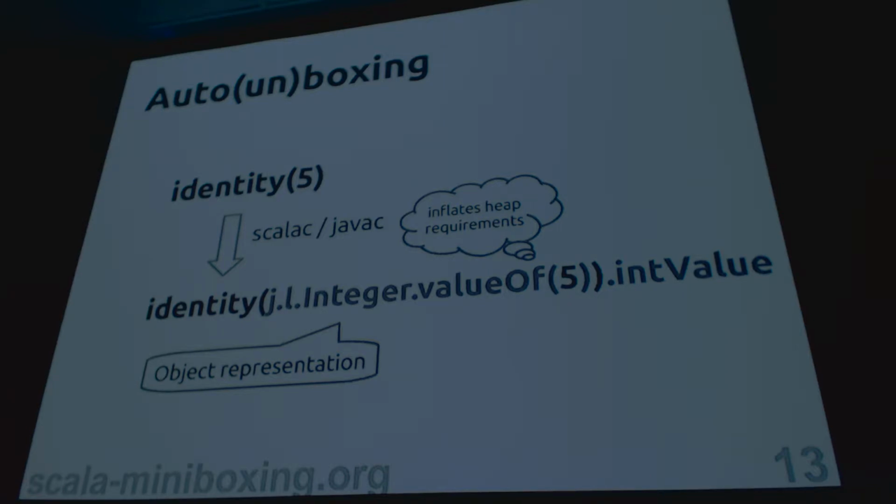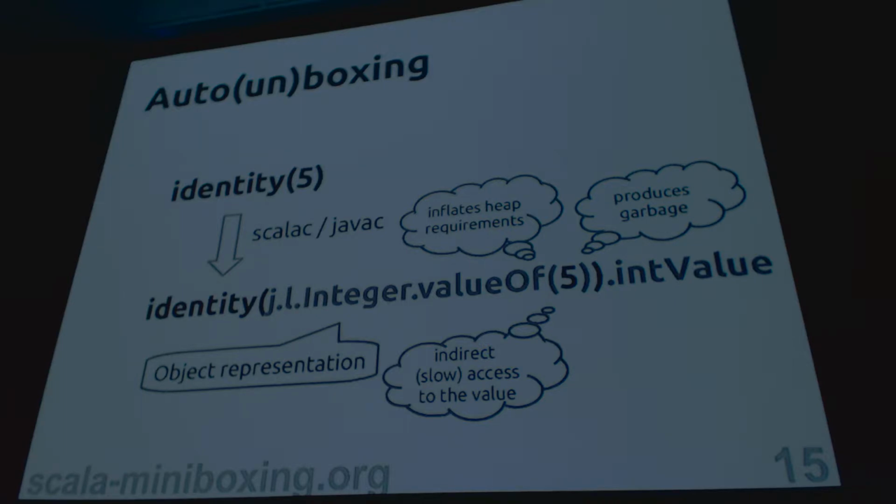So basically what this does is inflate the requirements on the heap, because you allocate an object header on the heap. That's pretty annoying. And then it also creates garbage which you need to collect, which pauses your program in the middle of execution. It's indirect addressing, because you don't get the value directly.